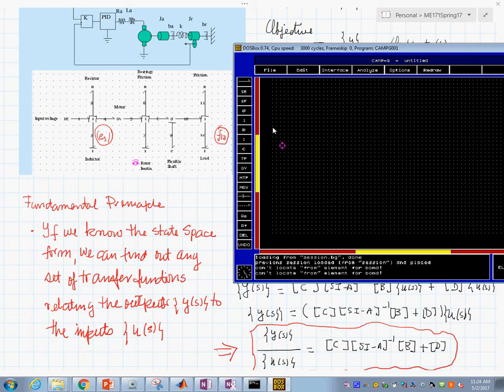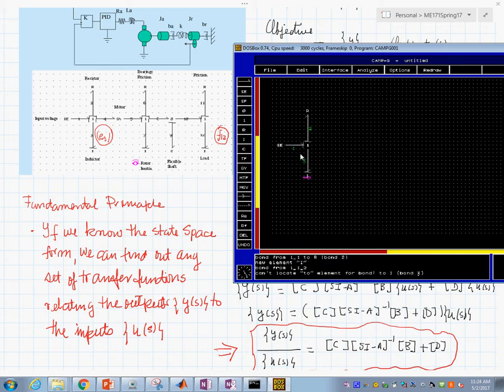You have an SE, and then you have a 1, which is over here, and then you'll put the 1 in there. We have an R element up here, and then we have an I element over here.